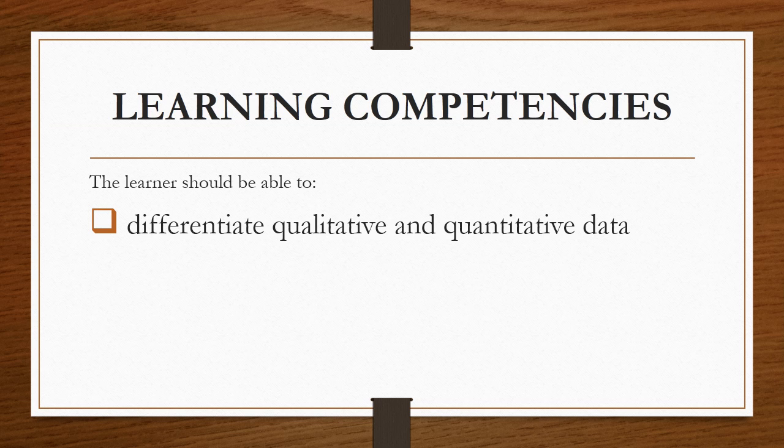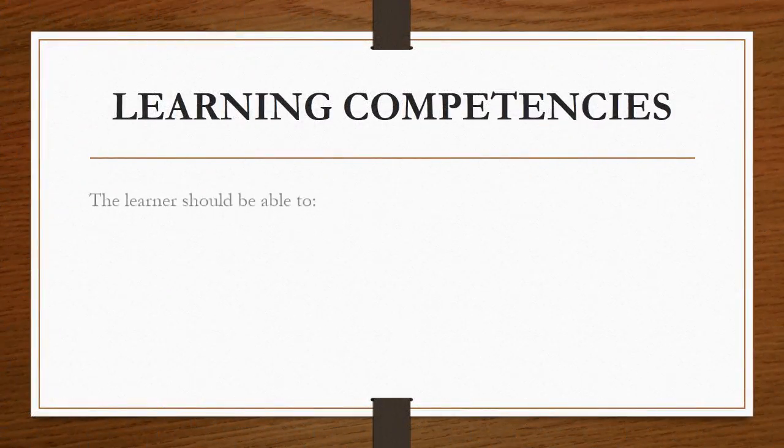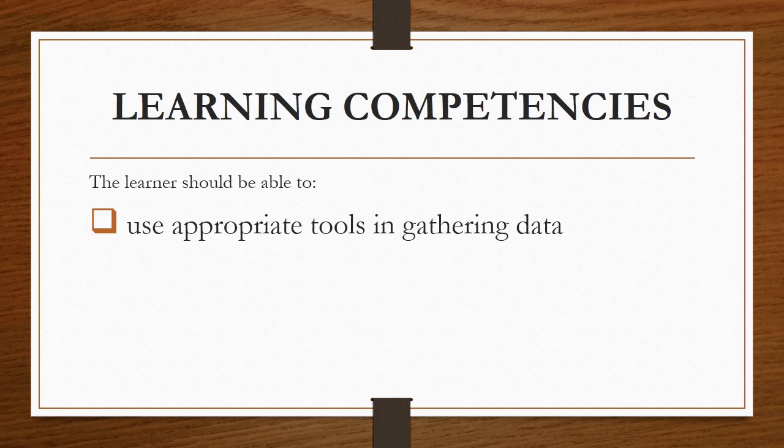Number 3, differentiate qualitative and quantitative data. Number 4, gather and record qualitative and quantitative data from actual observations. Number 5, use appropriate tools in gathering data.